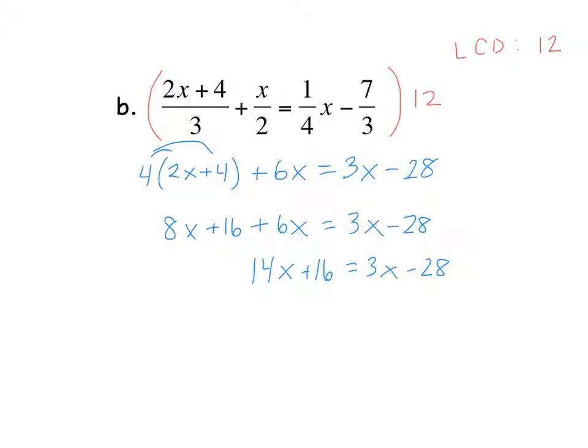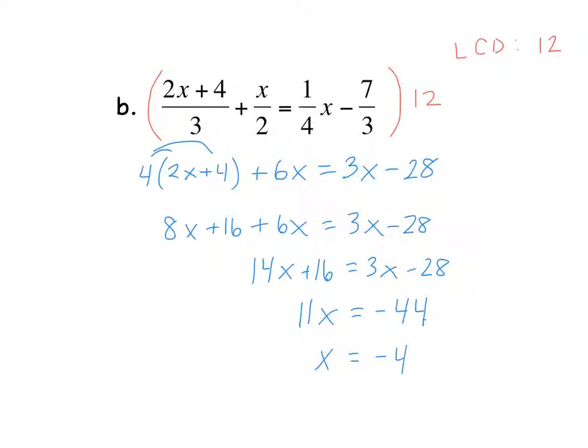Subtracting the 3x from both sides, we're going to have 11x on the left. Subtracting the 16, we're going to have minus 42 on the right. Sorry, minus 44. So minus 44. And now dividing both sides by 11, we get x is equal to negative 4.